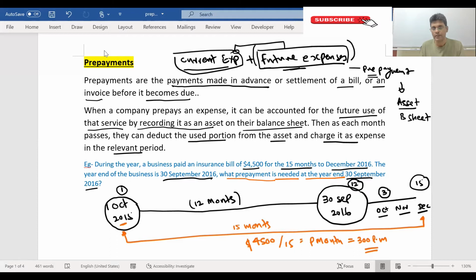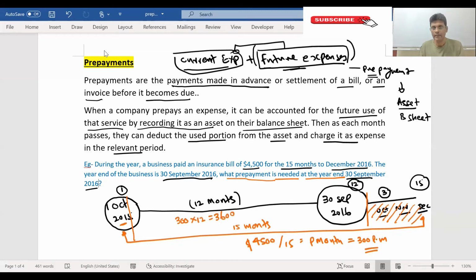This is the year end, a 12 months period, whereas we have paid in advance for 3 months. Therefore, the amount to be charged to the P&L as expenses should be 300 times 12, which is 3,600.